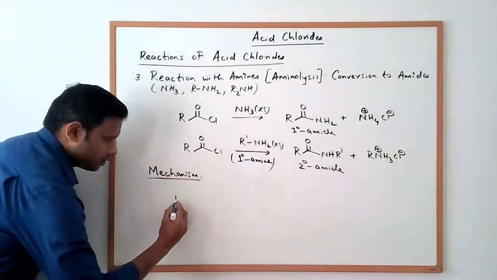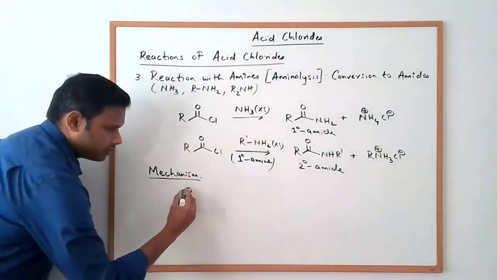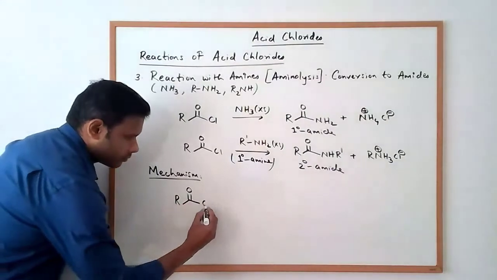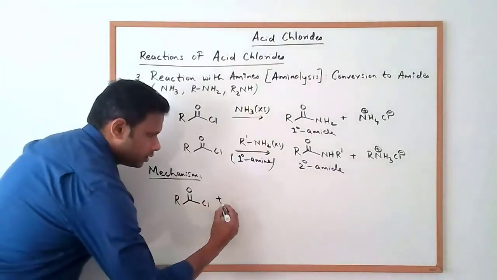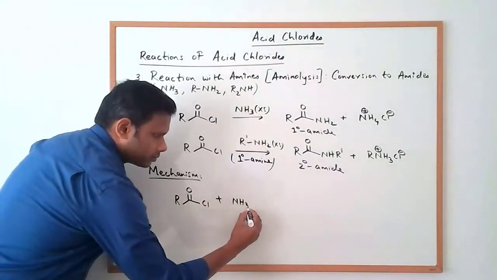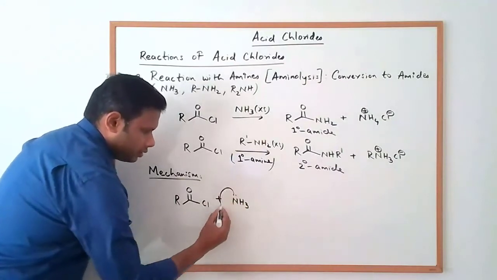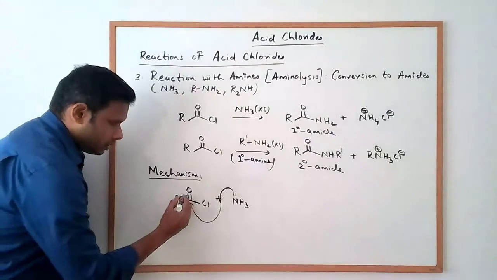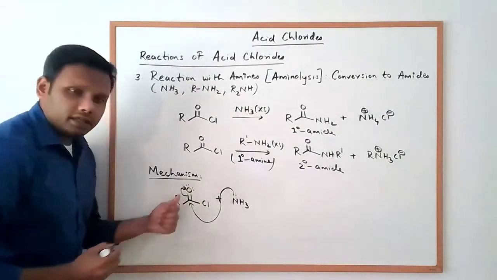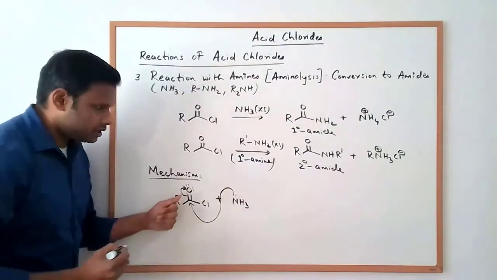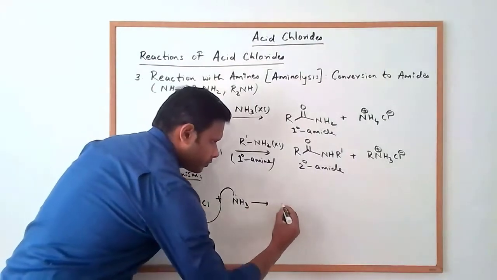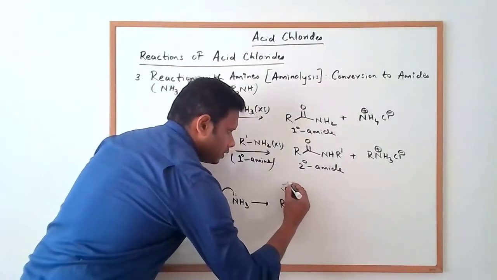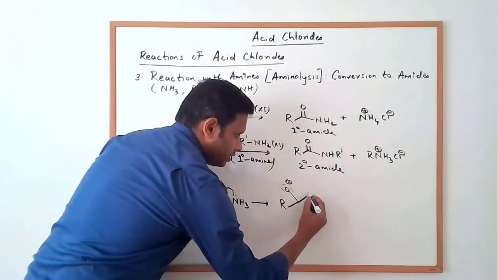Now the mechanism, very similar to what we've seen for the hydrolysis or the alcoholysis reaction. Acid chloride reacts with the ammonia or the amine. So the nucleophilic acyl substitution, the first step is the attack by the nucleophile. This would give us the tetrahedral intermediate.